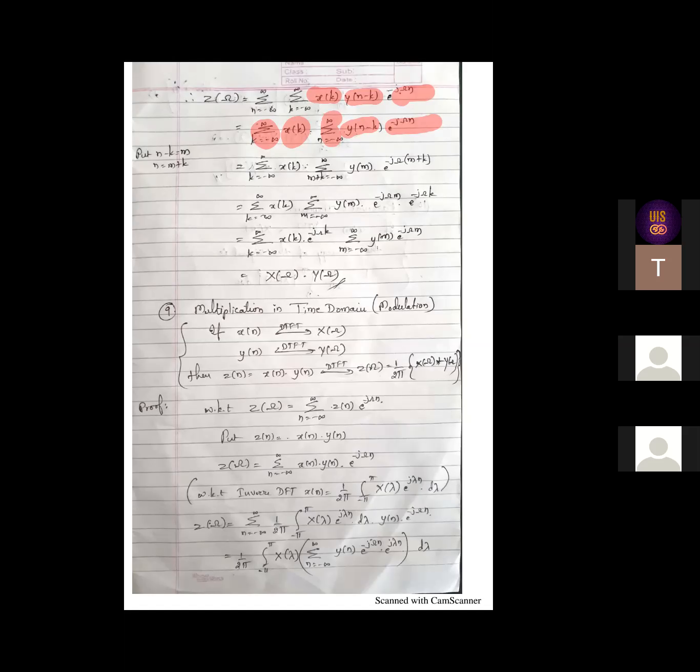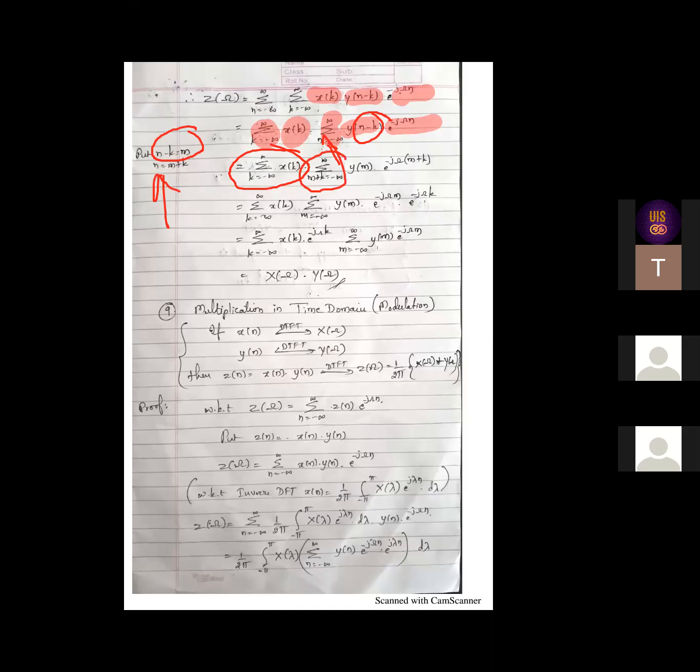In the next step, this summation I will not alter. Here y of n minus k is there. I will substitute n minus k as some variable m. As the summation is for n, I will check what n is. n is equal to m plus k. I will substitute that here.